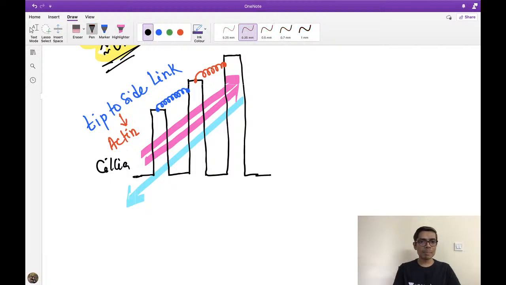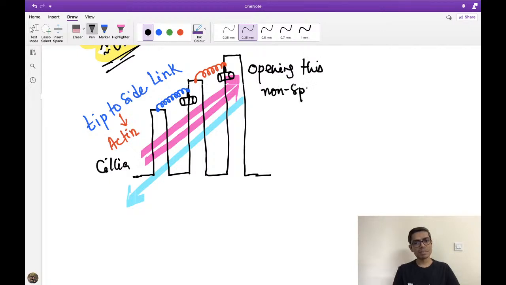There is a mechanosensitive channel connected with this spring-like molecule. This is a mechanosensitive channel. Whenever the spring is stretched, this will lead to opening of this non-specific cation channel which is present at the hair.